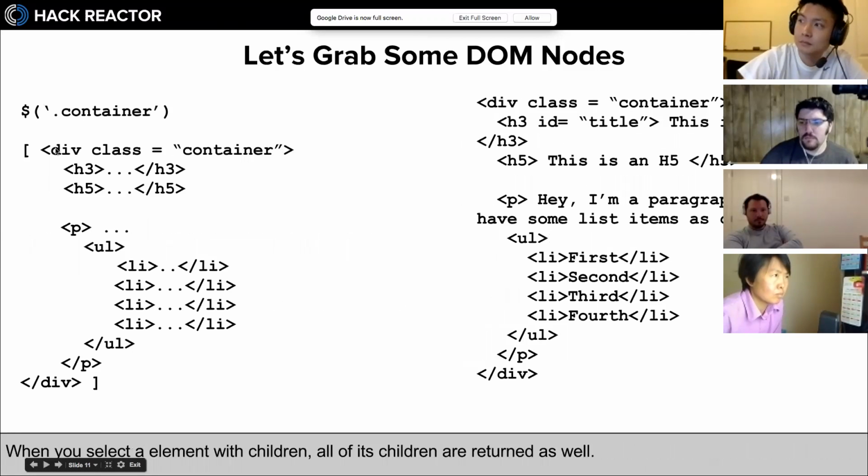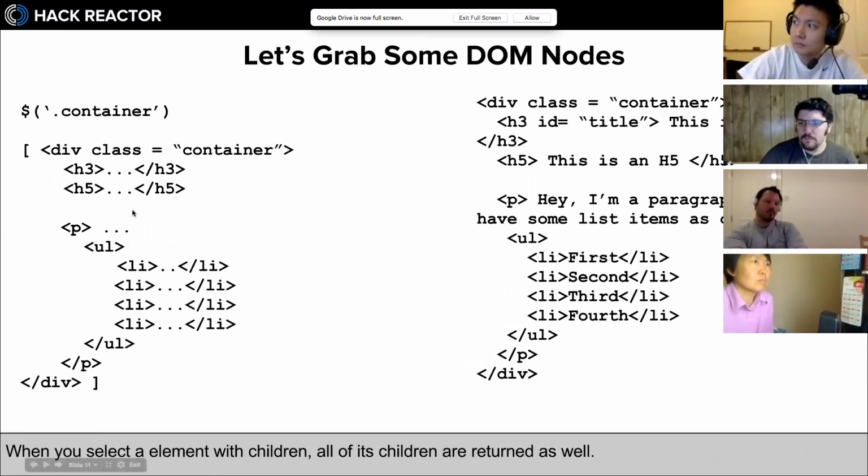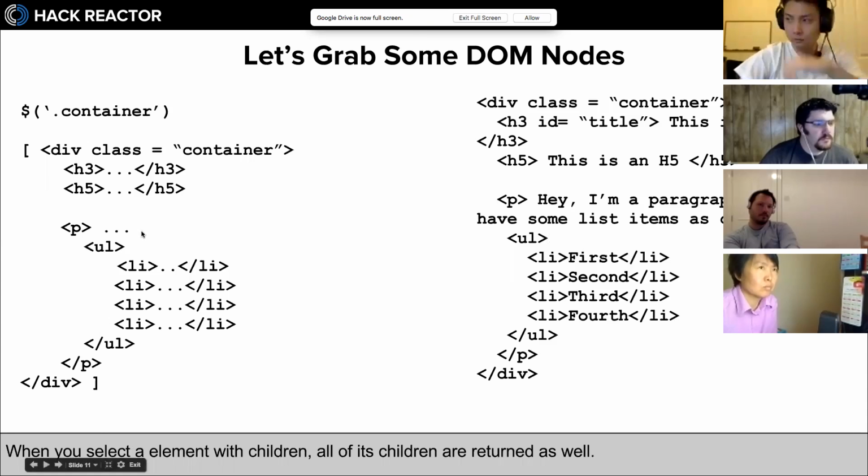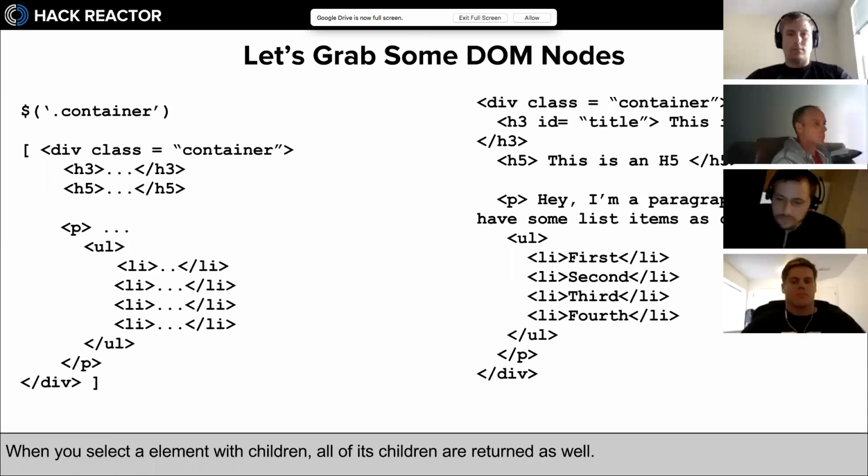However, when we target the container node that has a bunch of children, this is actually only taking up one spot in the array. And those children exist inside of this div node as subnodes. Does that make sense, Patrick? Cool.